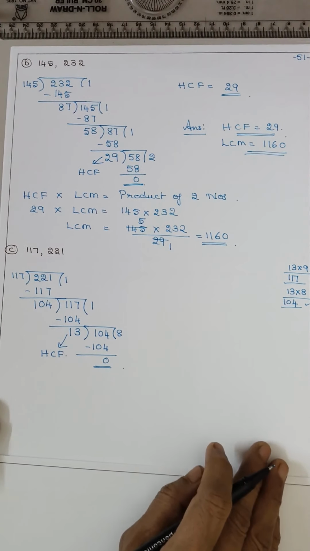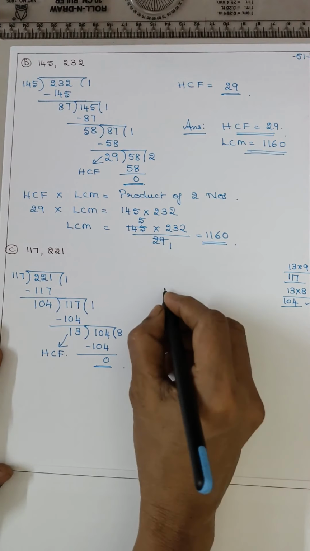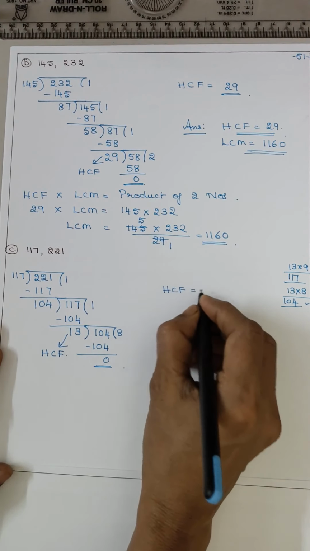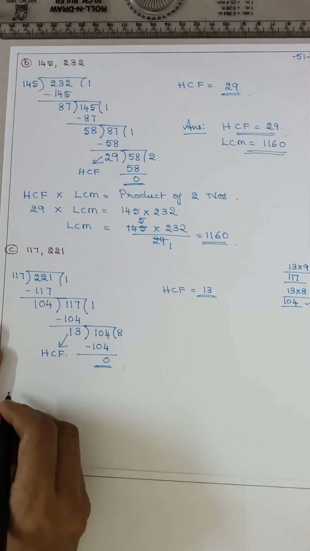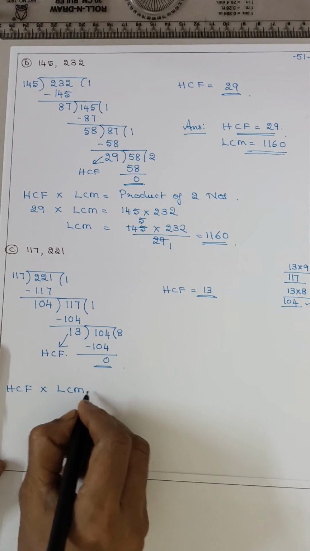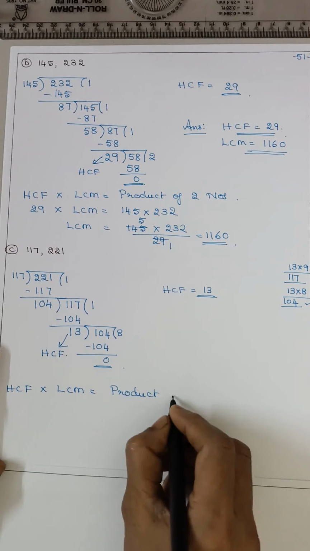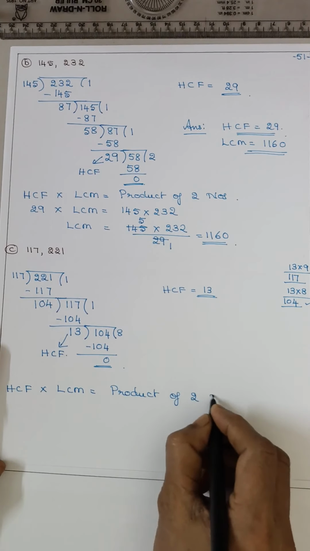Now what we have to do? HCF is equal to 13. HCF into LCM is equal to product of two numbers.